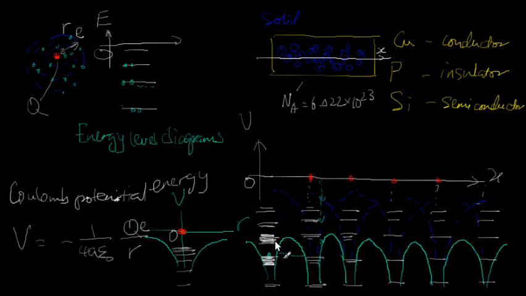So closely spaced that if I draw them, it would just look like this. You can't tell them apart by looking at it. It just looks like a band, which is in fact what it is called. And it's the same for all the atoms.